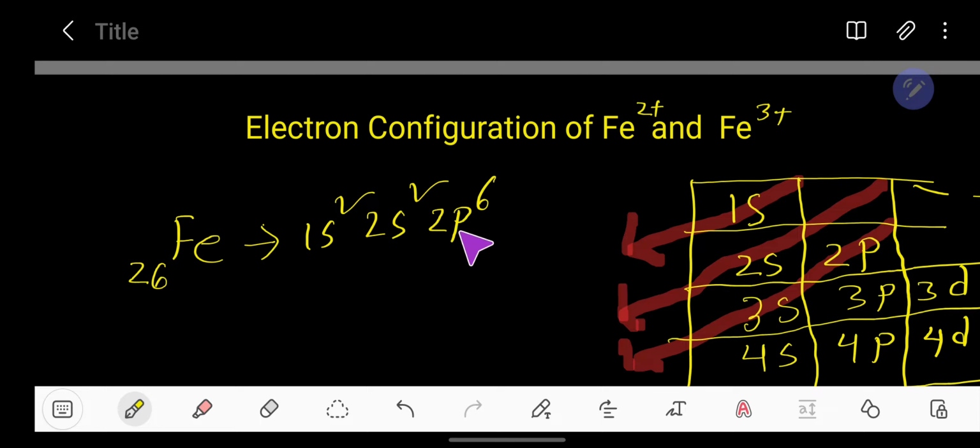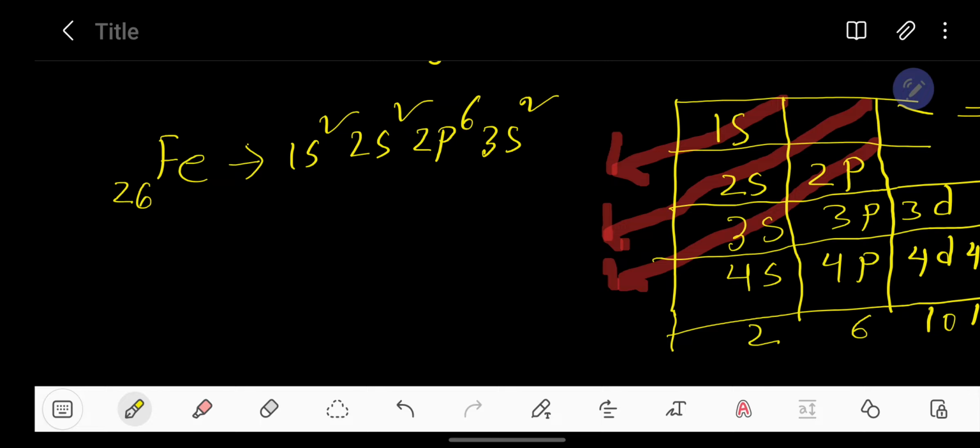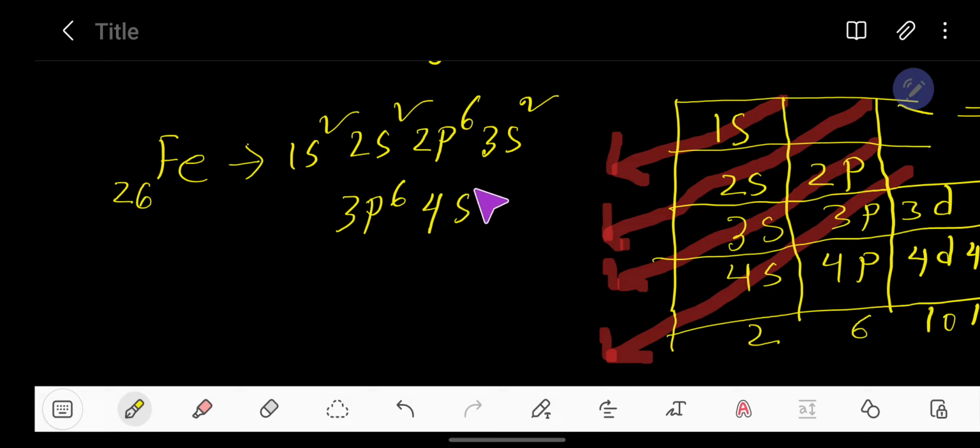You know that the p subshell can take a maximum of 6. Then 3s2. After 3s2 you have to go here, that is 3p, then 4s. So write 3p6 then 4s2.